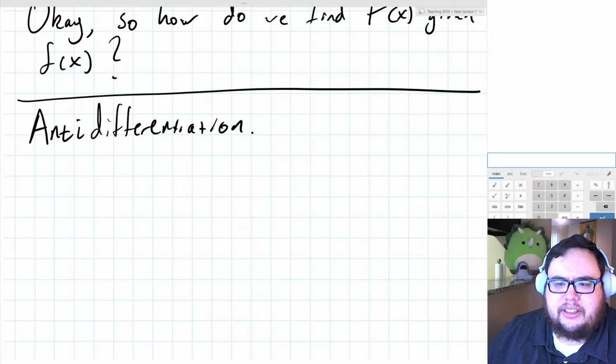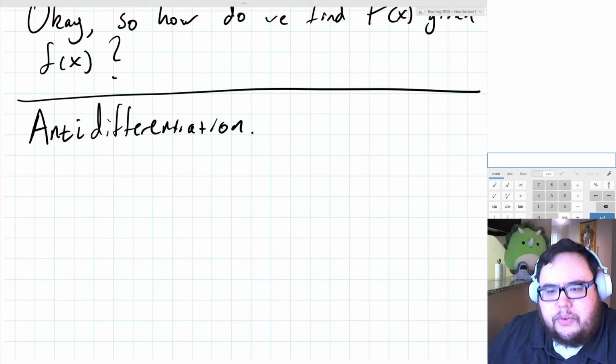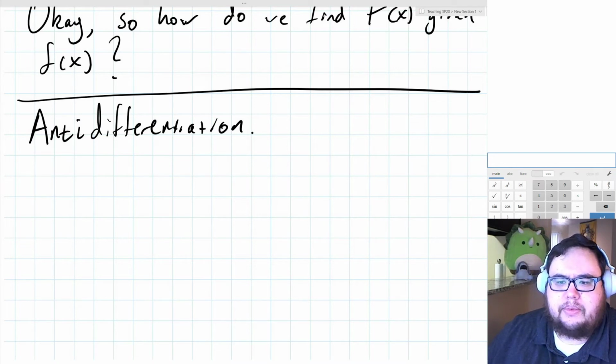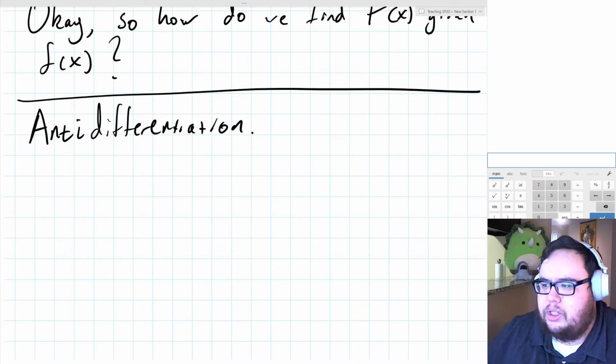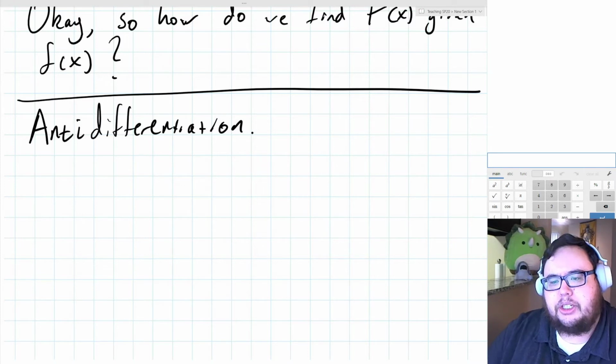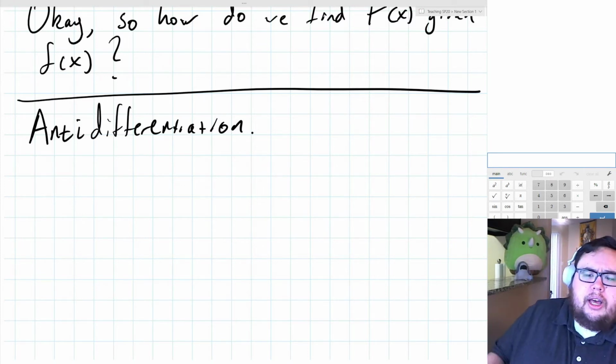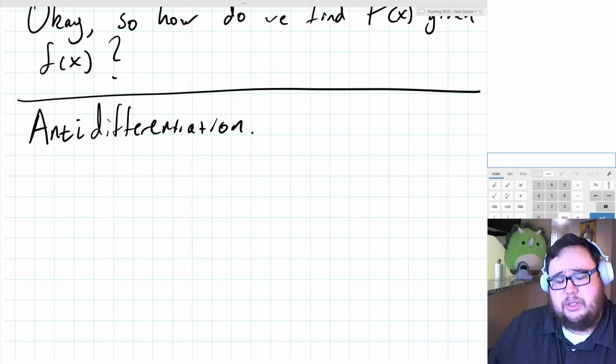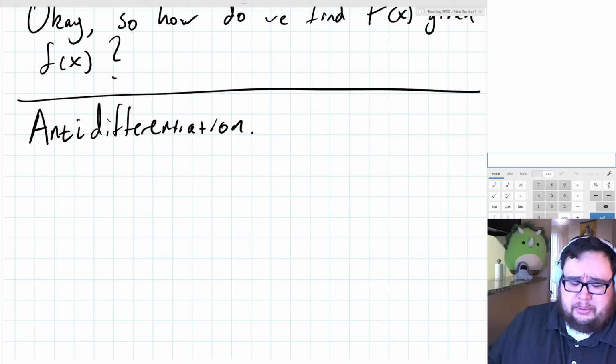With differentiation, there's only a couple of different things you can try: the chain rule, the power rule, the quotient rule, the product rule, etc. Once you've done all of those things, you're done. Period. It gives you a complete picture. Unfortunately, integration is not so simple. Anti-differentiation is not so simple.